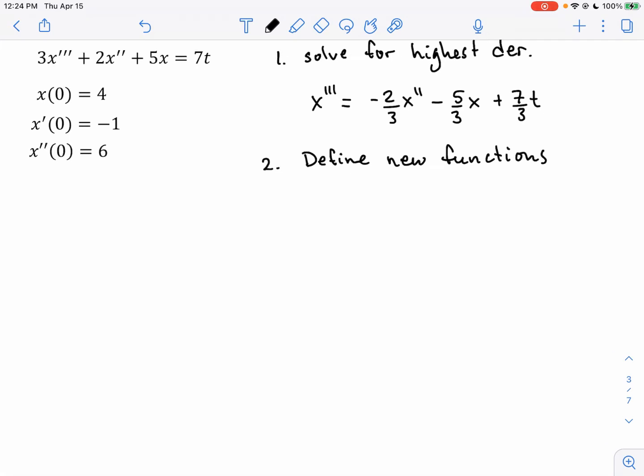So I'm going to use new letters here. I'm going to say that u sub 1 is my x function. Now, the next function I want to define is going to be u sub 2, and it's going to be the first derivative of the x function. And then u sub 3 will be the derivative of that. So it's going to be the derivative of the second one, which is x double prime.